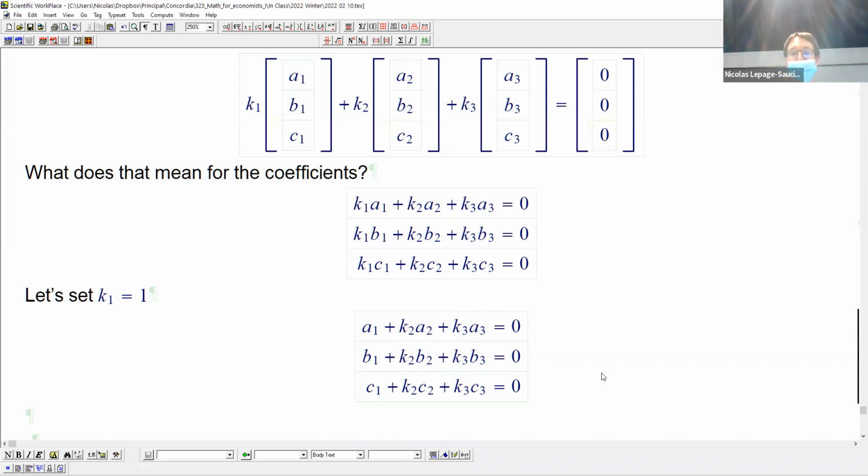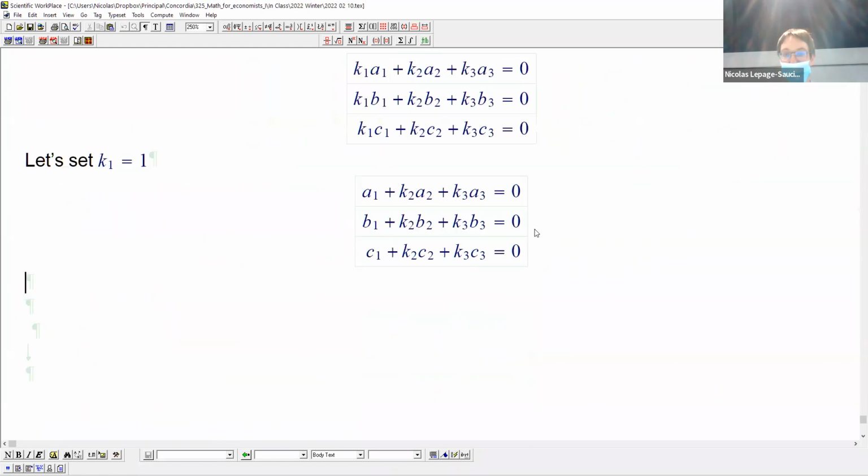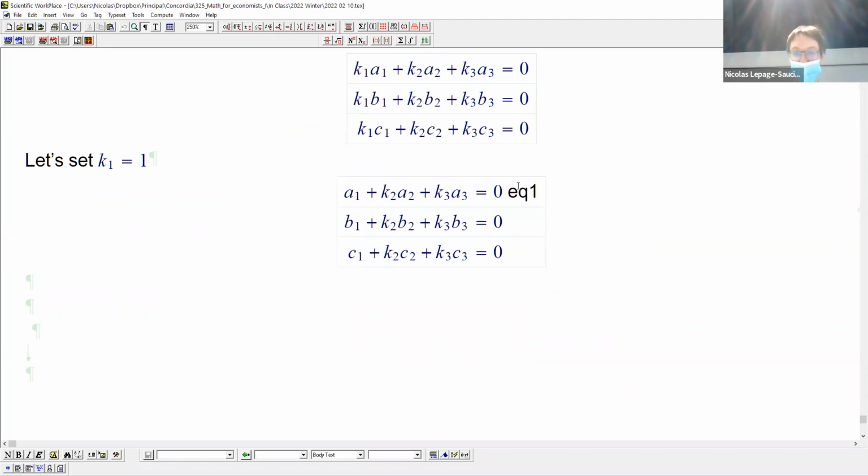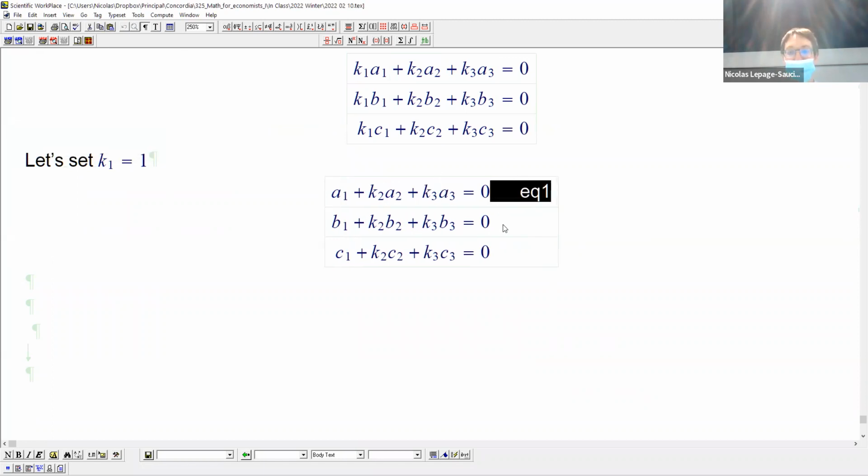So for instance, this would be equation 1, and equation 2. Let's get rid of K2.